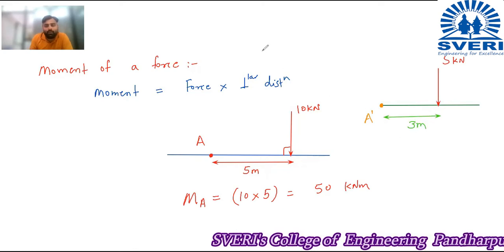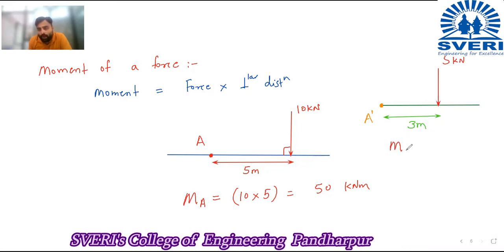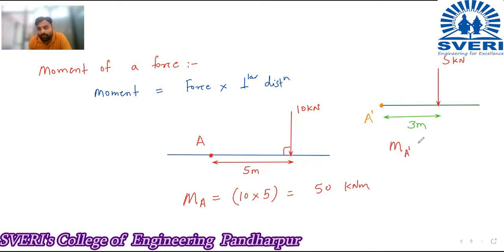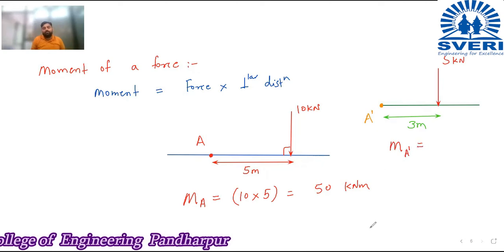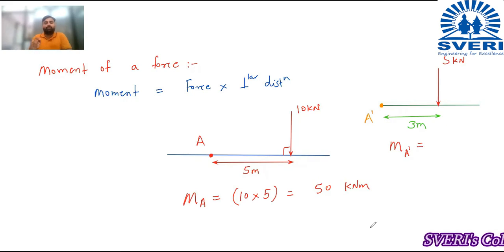Now I want to calculate the moment of this force about point A dash. So I will write here M A dash. Now you tell me what will be the moment? 15 kilonewton meter, correct.